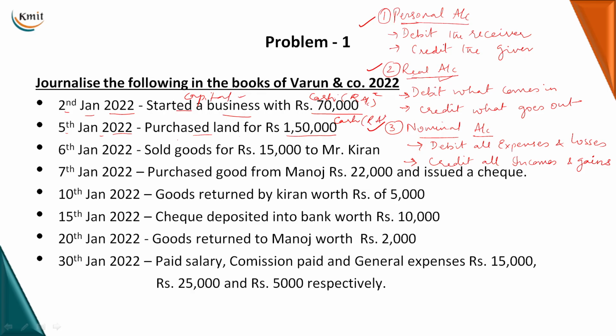Cash is a real account, and the purchased land is an asset, which is also a real account. Land is an asset which is a real account. So in this second transaction we are coming across two similar types of accounts, that is, real accounts.